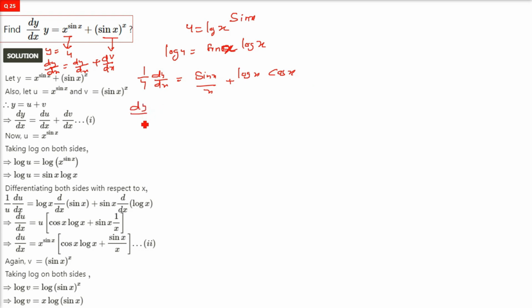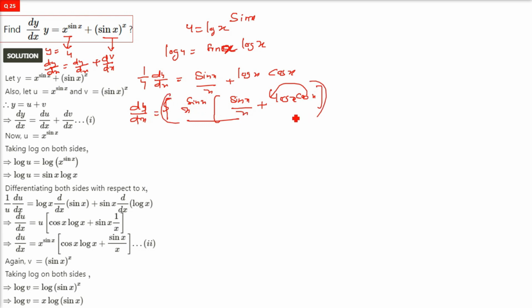So du by dx, this u will come in front, so x to the power sin x times sin x by x plus cos x log x. Always please remember, log is always written as the last term. So better to write cos x log x. This is du by dx.